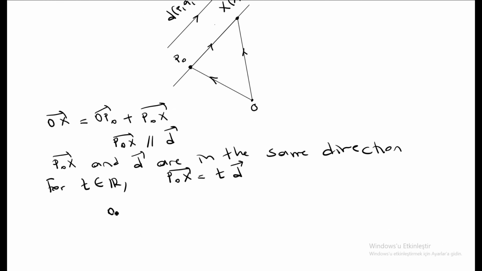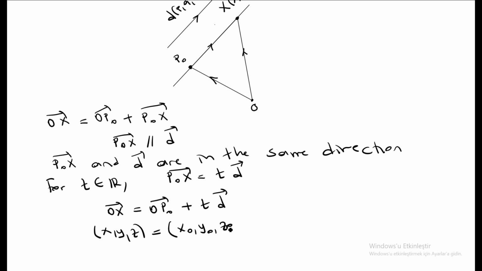So I can write this one. OX is OP sub 0 plus T times D. Now let me put the components. OX is X, Y, Z. OP sub 0 is X sub 0, Y sub 0, Z sub 0.